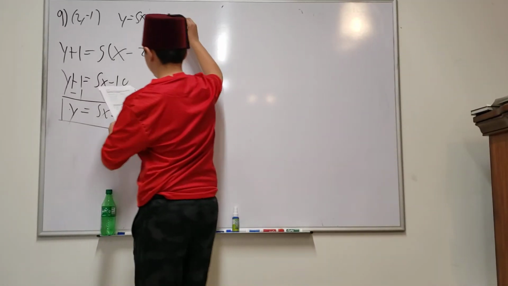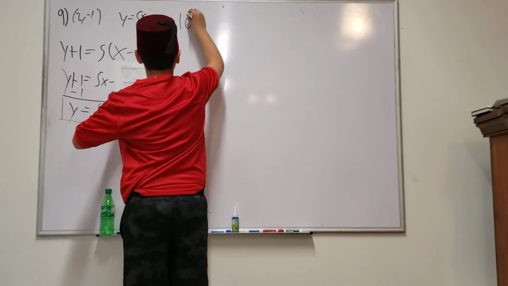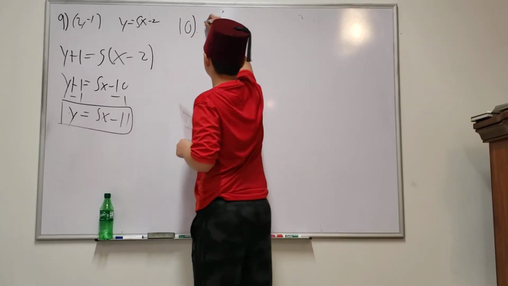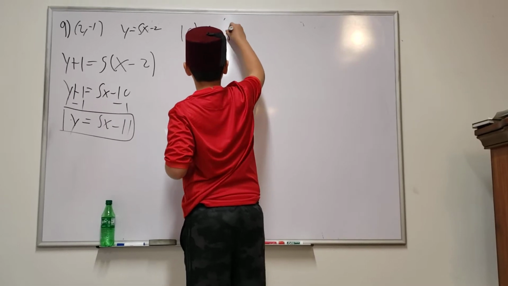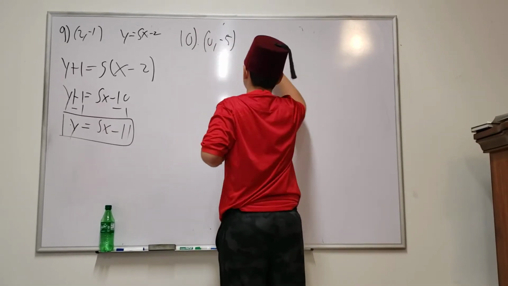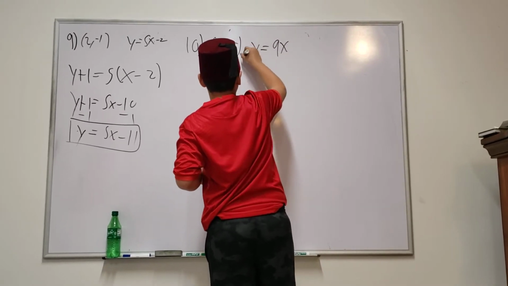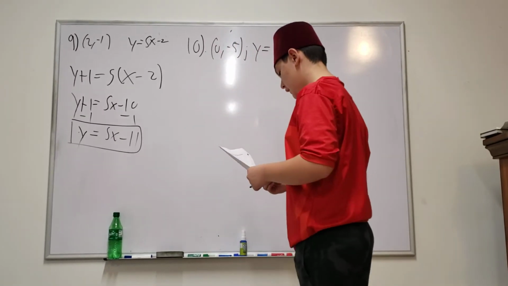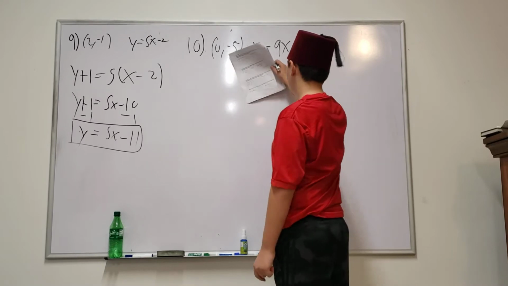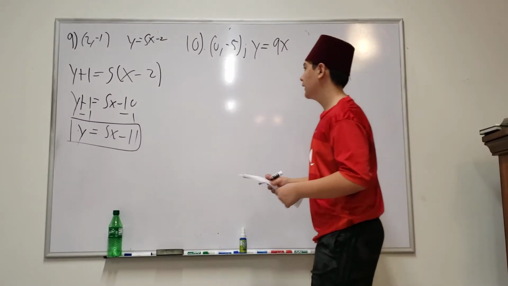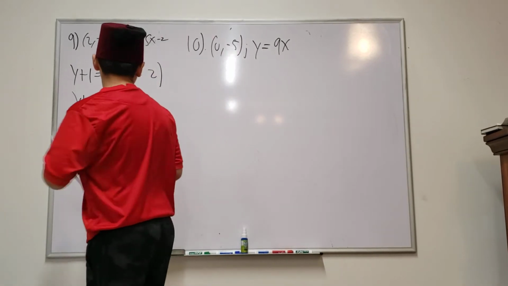Okay, let's go on to number 10. The point is (0, -5), and the equation is y equals 9x. So again, our slope from our equation is 9, so we're going to use that to find a different y-intercept.